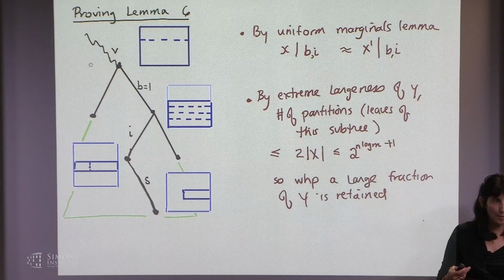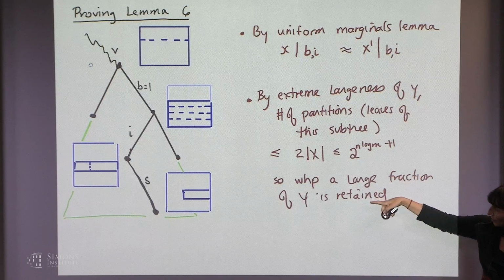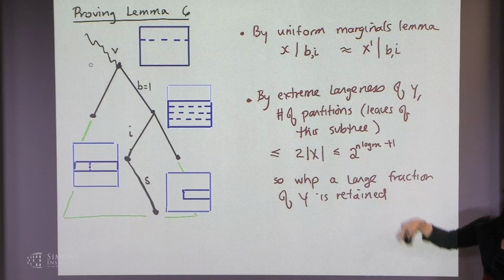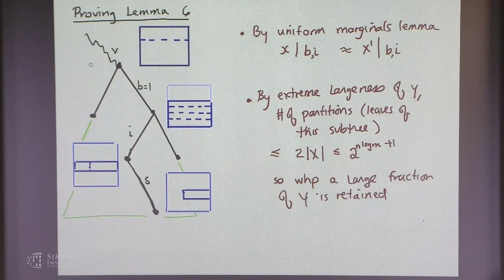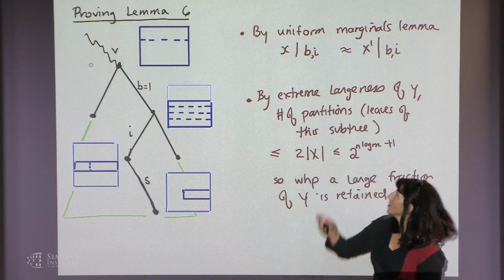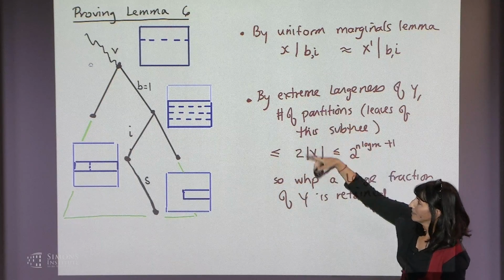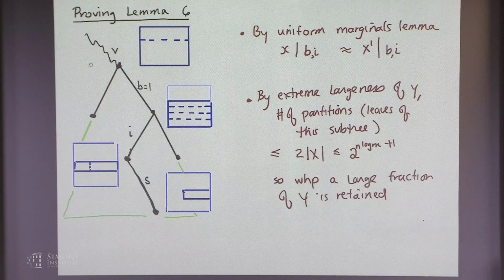But since we chose m to be like n to the 100, that's a really small number of bits revealed about Y on average. So we're heavily taking advantage of the fact that Y is so big compared to X to get that at every step the chunk of Y that's left over in each of these pieces is significant in size. And then we're using the uniform marginals lemma to argue that the two messages are going to be about the same. I thought this would be easier to do in an hour.